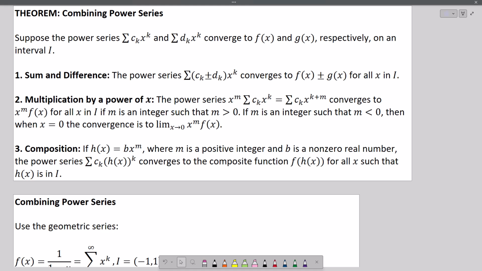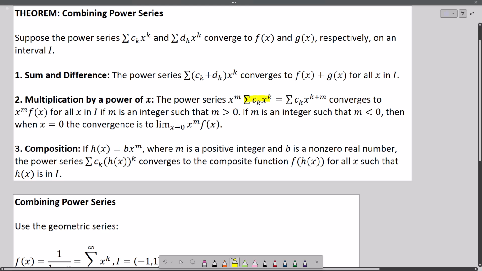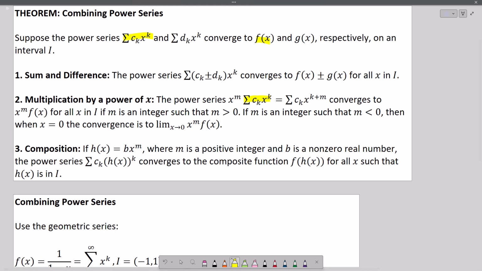Now this one, okay. So multiplication by a power of x. So we have this power series here that is converging to f already, right? That power series is converging to the function f. If we multiply by a power of x, we can just slide it inside.